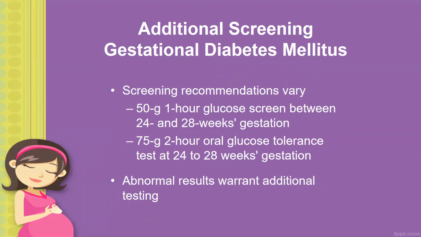Gestational diabetes is a type of diabetes that's first seen in pregnant women that did not have diabetes before she was pregnant. Some women have more than one pregnancy that's affected by gestational diabetes. And it usually shows up about midway through pregnancy.